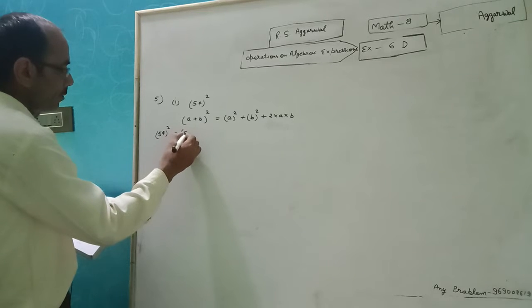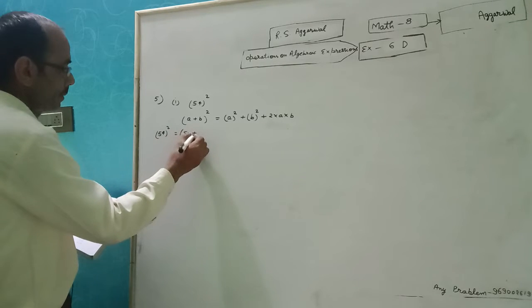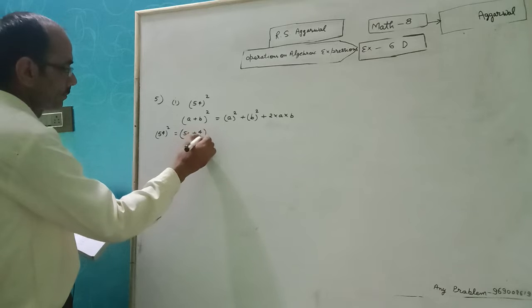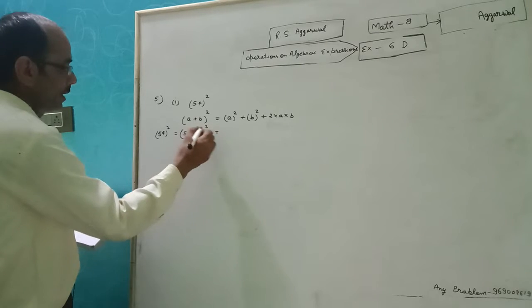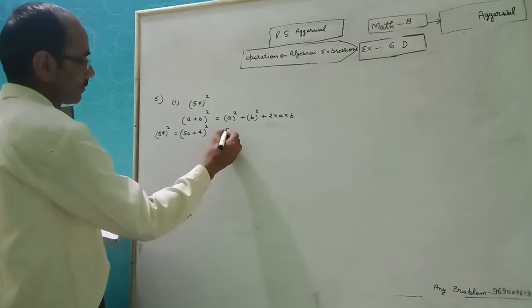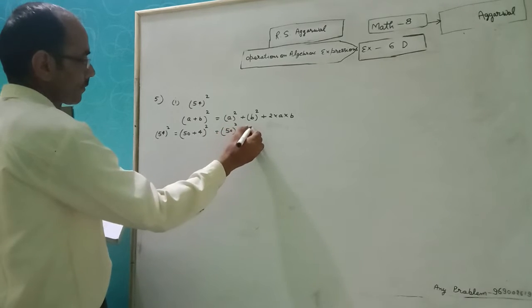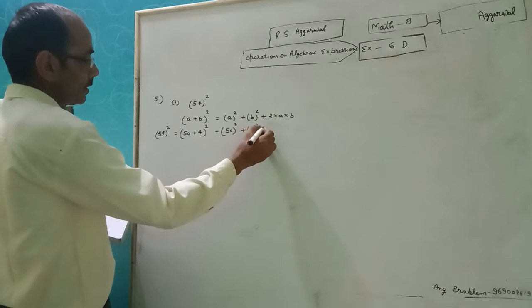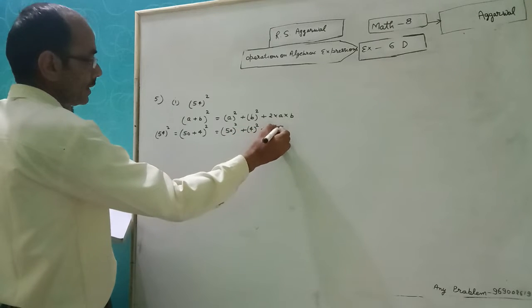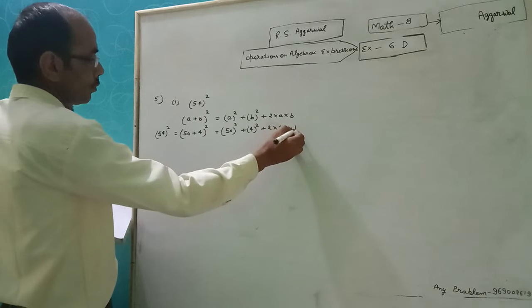54 write in two terms: 50 plus 4. A will be 50, B will be 4. Plus 2 into 50 into 4.